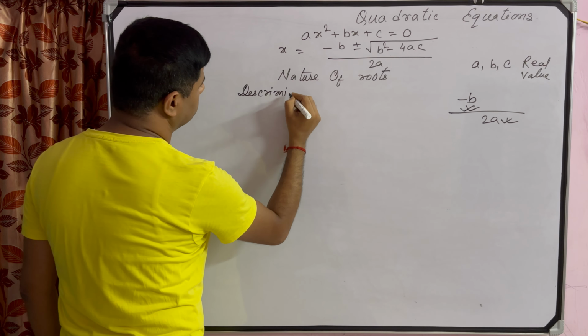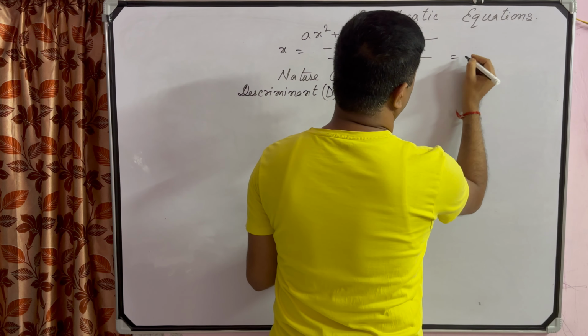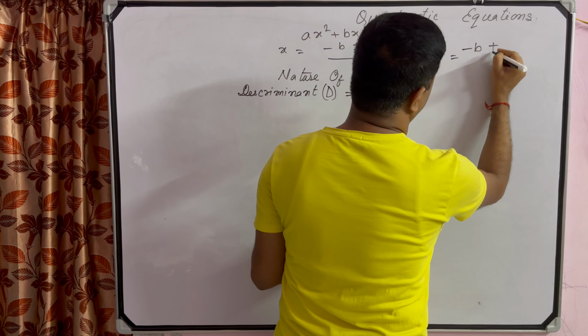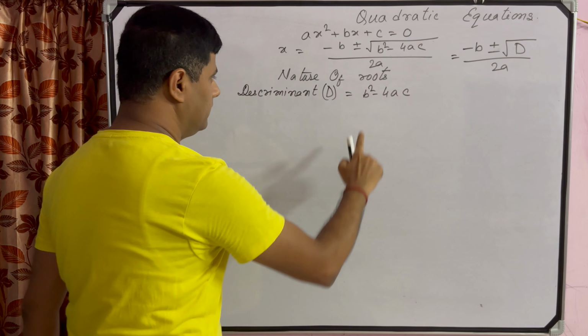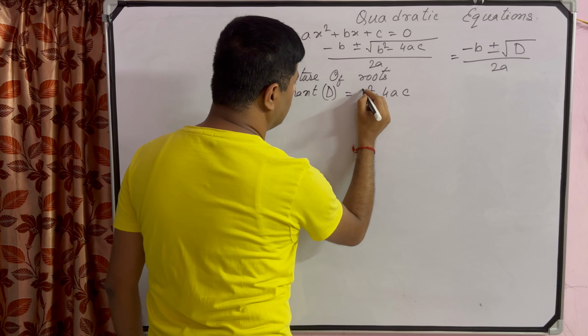That's why many people write down the same formula like this: minus b plus minus root over D by 2a, where the value of D is b square minus 4ac.